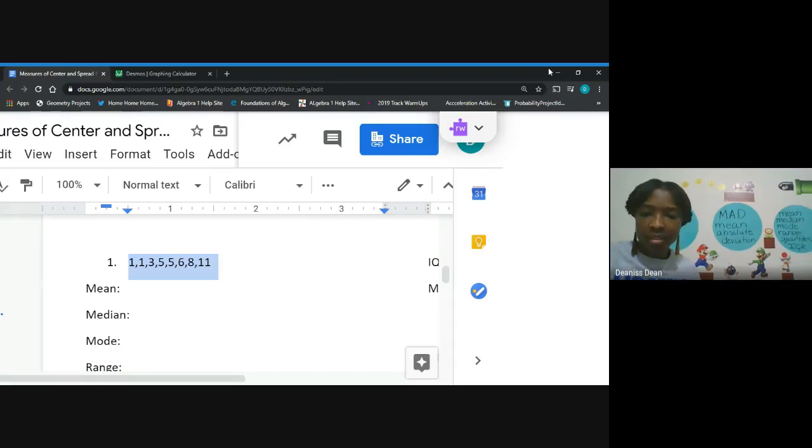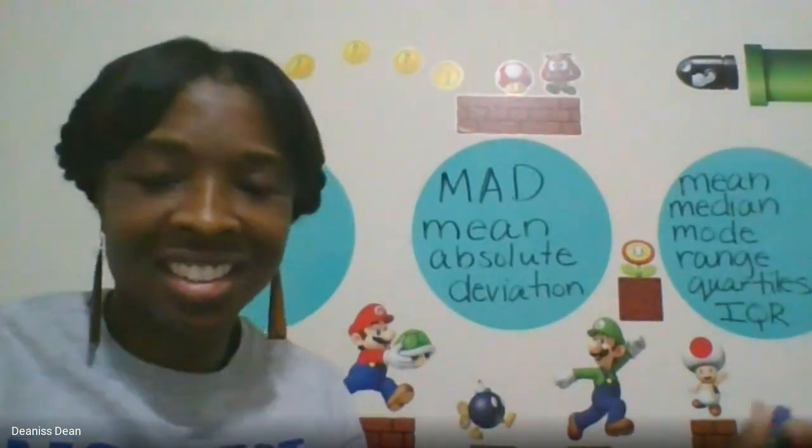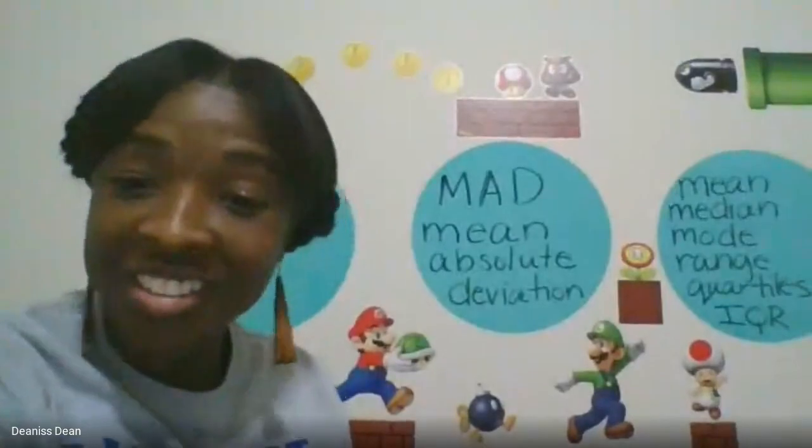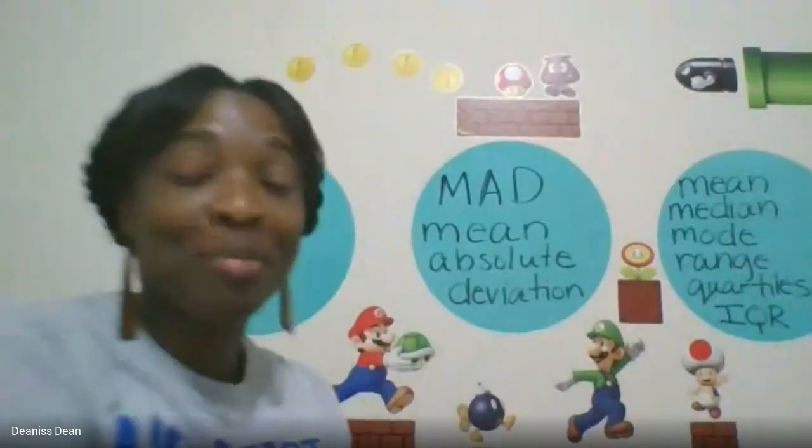Anybody else, y'all? Come on. It's more than one person in here. Okay, so I guess we're going to go with this one answer. That is correct for the mean. All right. What about for the median? What did you get for the median?